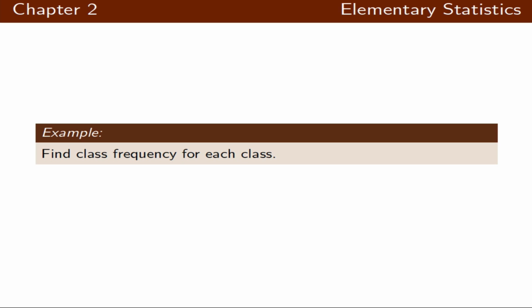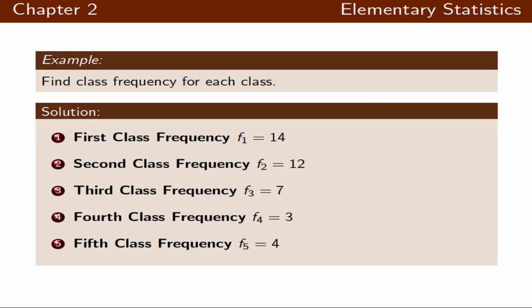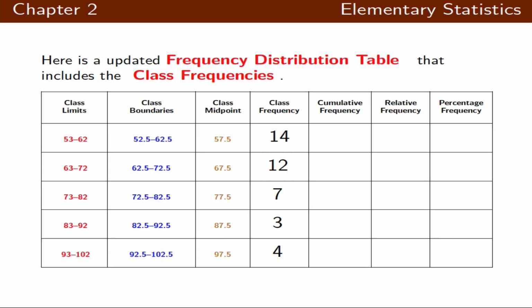So for our example, based on the sorted data, there were 14 data elements that belong to the first class, 12 that belong to the second class, and so on and so forth for each class. So our frequency distribution table now looks like this.